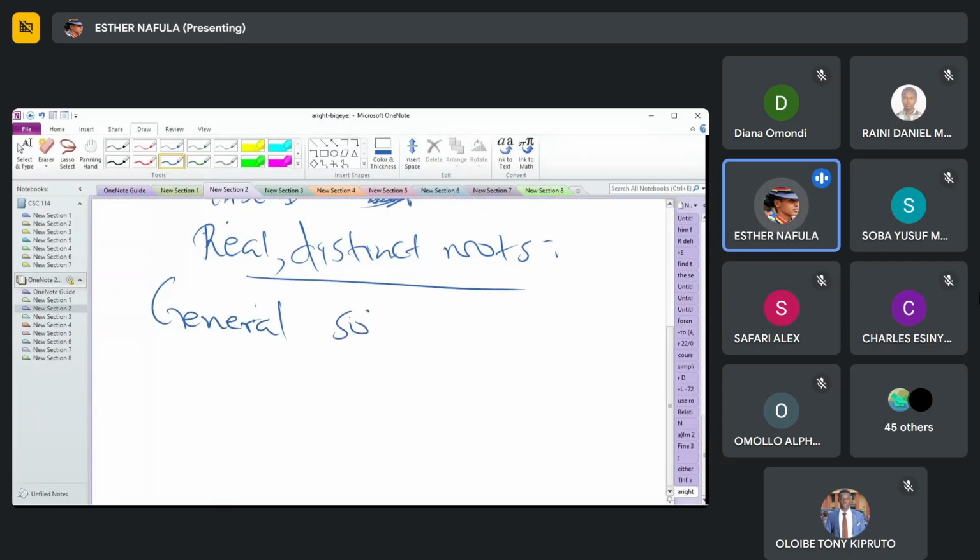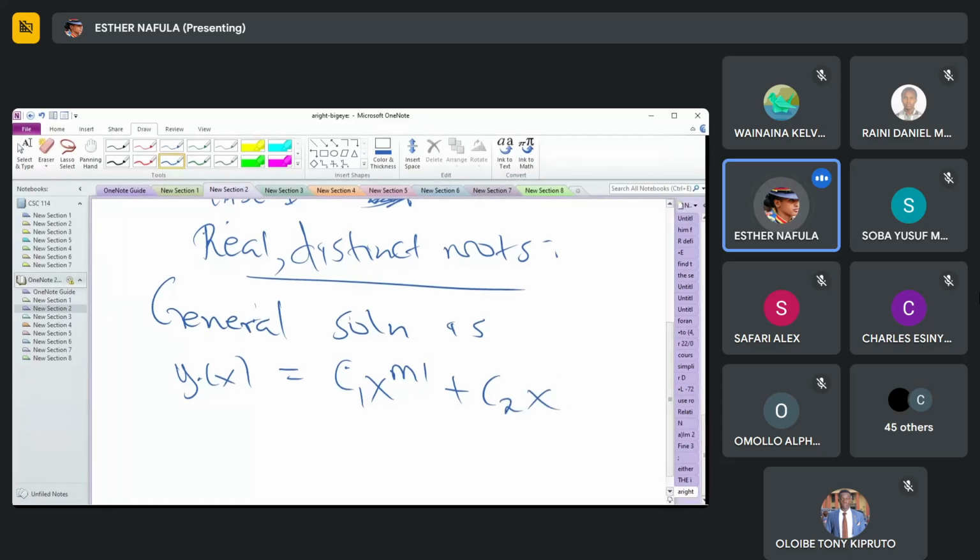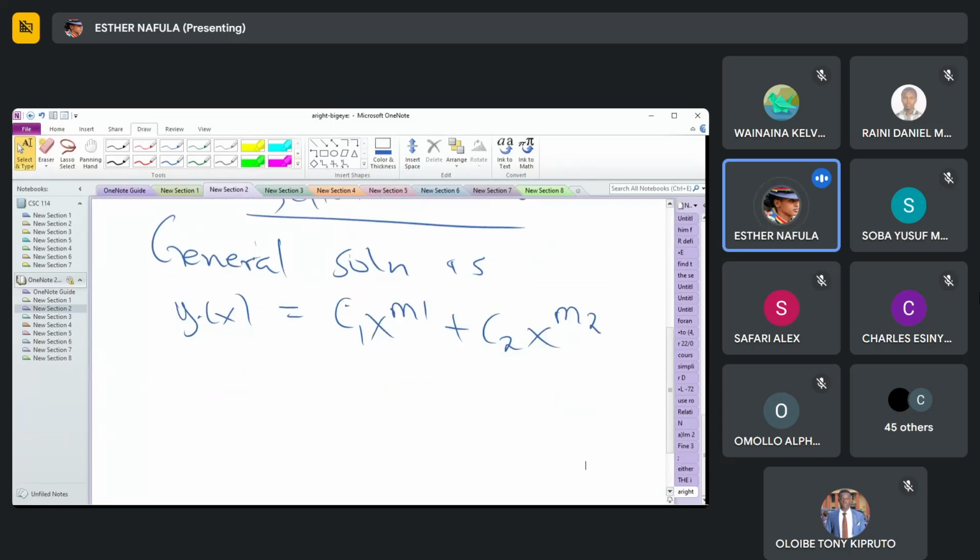The general solution is y of x equals c1 x to the m1 plus c2 x to the m2, where m1 is different from m2.